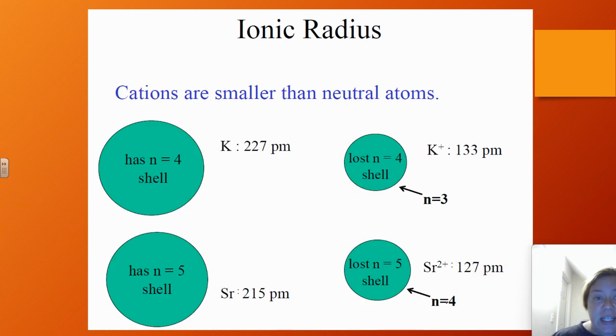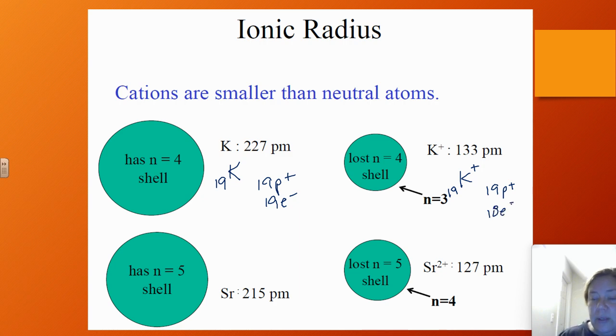Now, ionic radius, cations. This is going back to comparing cations to anions. And remember, this is what I like to do, like when I taught you initially. So potassium, think about this. Potassium has 19 protons, and in neutral potassium we've got 19 protons and 19 electrons. But when we have potassium as a cation, we've got 19 protons and we're holding on to 18 electrons.